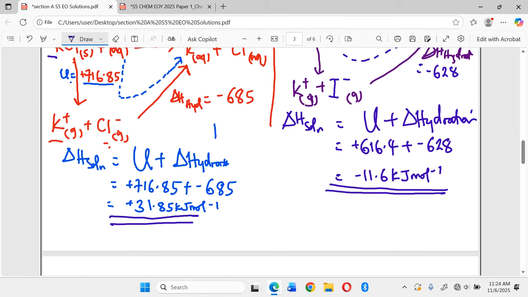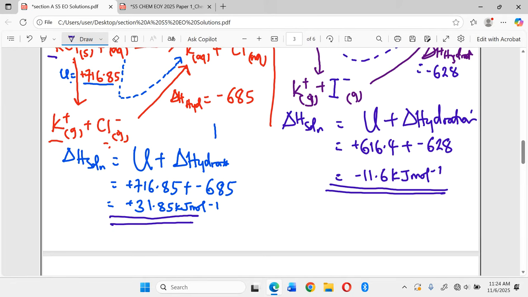Now let's look at that. When you compare the two, this value here for potassium chloride is positive 31. For potassium iodide is negative 11. So we can see that for potassium iodide, it dissolves in water by doing what? Is it exothermic or endothermic?